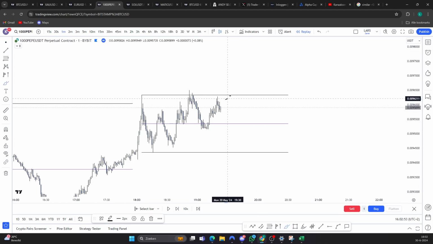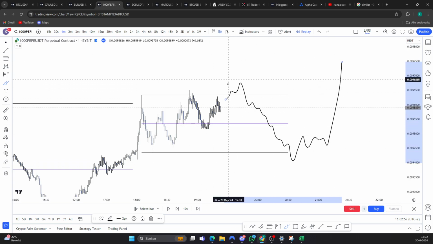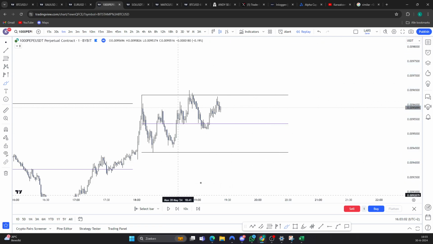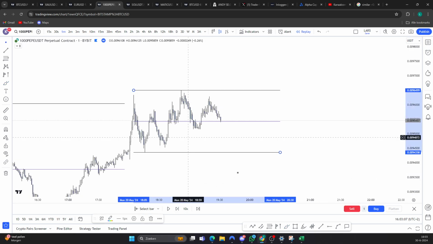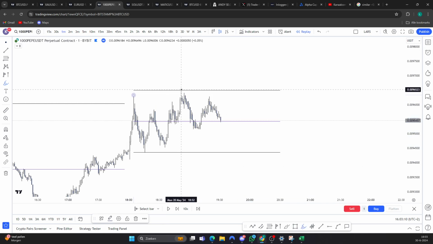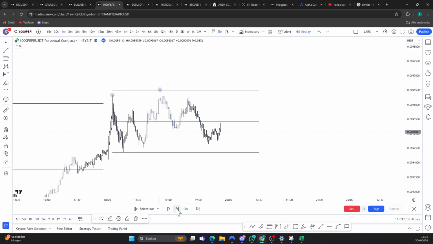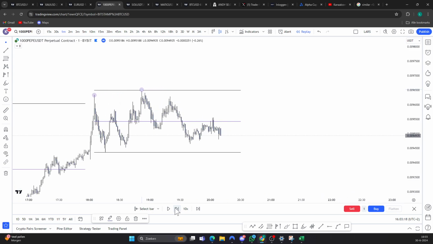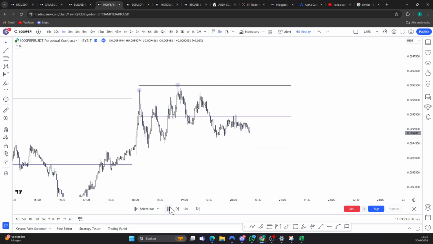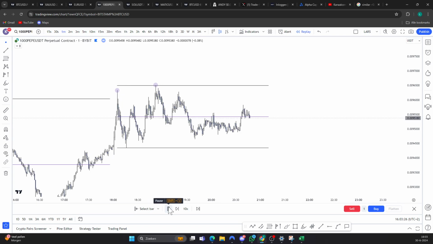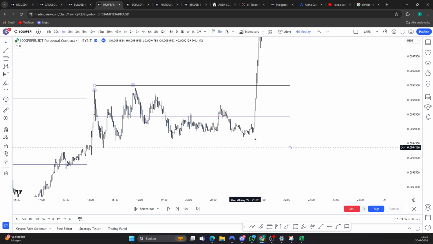Maybe it could become a model 1 that hit its target before we have the move up, and we can catch the short into a long and ride the long up, but we will see how it develops. Let's extend this. 1, 2. Boom. Whoa.